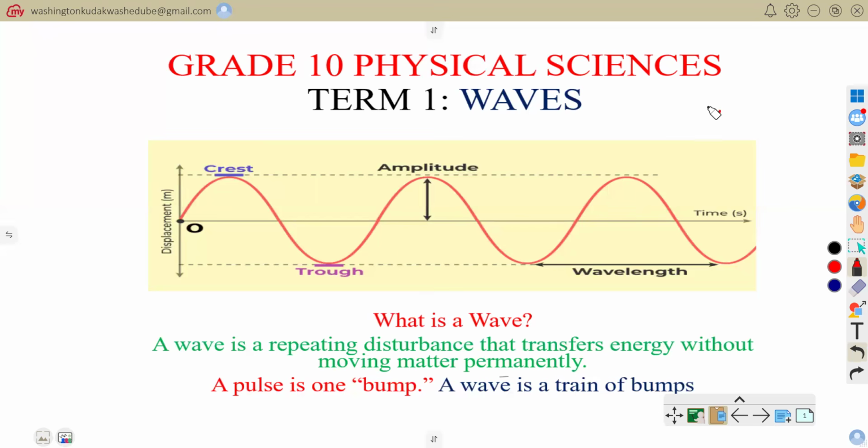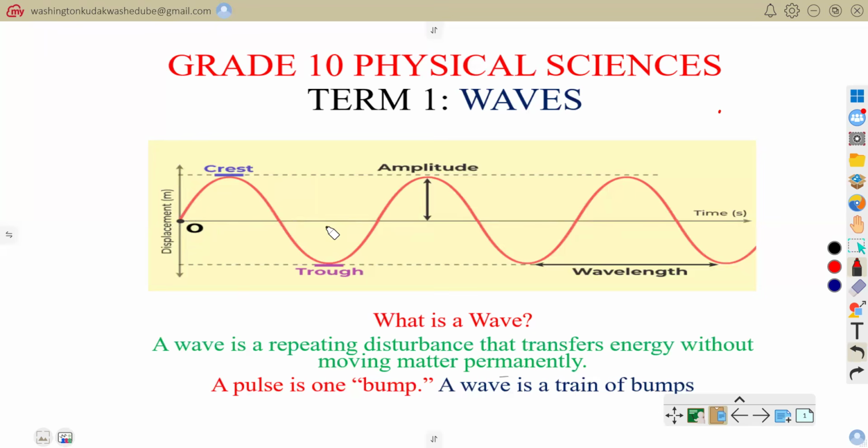Now we want to dive deep into what we refer to as waves. As we might remember, a pulse is just a single disturbance that occurs within a medium. But now we want to look at what if we have a series of repeating disturbances.